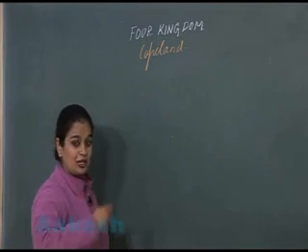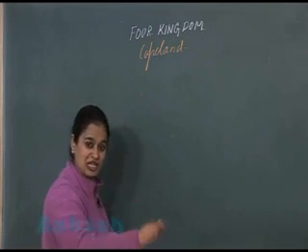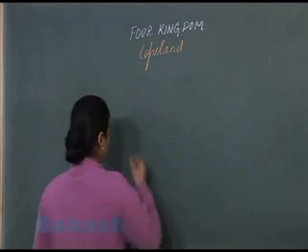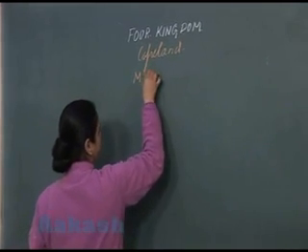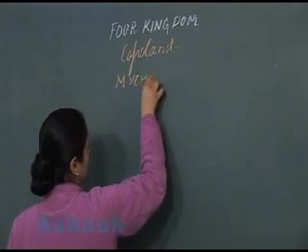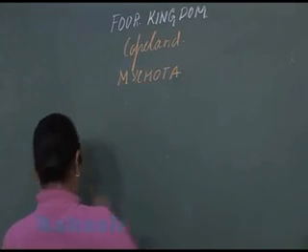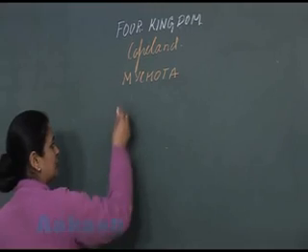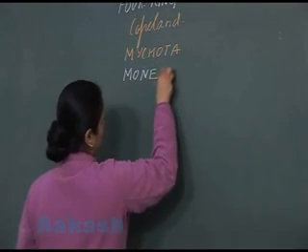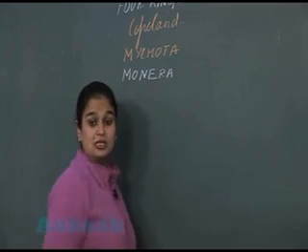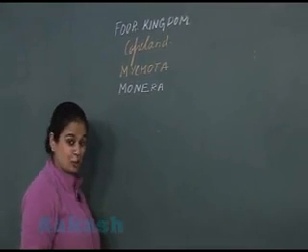But later on the name Mycota was changed to Monera. So the kingdom which was generated by Copeland, that is Mycota, its name was later changed to Monera. But the term Monera was not given by Copeland.